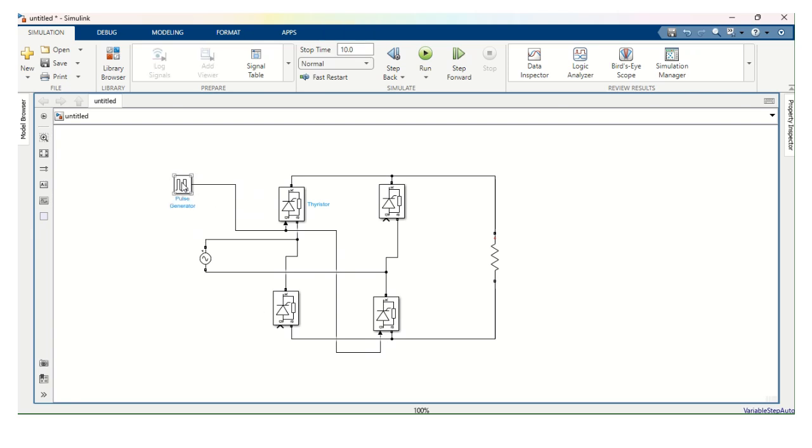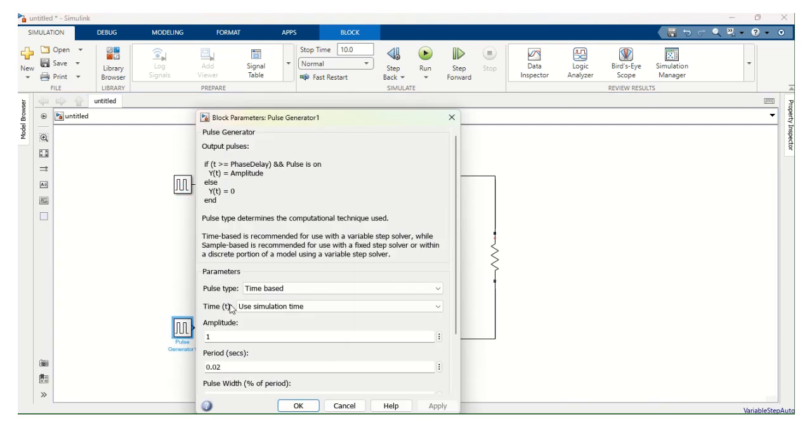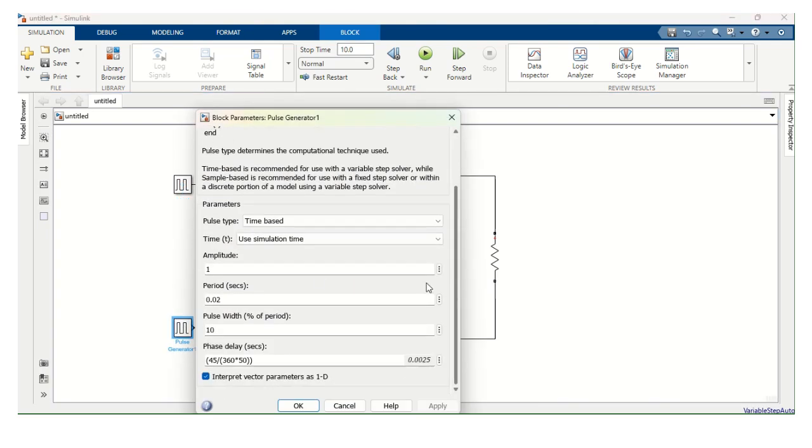Now we need a pulse generator to control the negative half cycle. So right click, drag the pulse generator. Let's change the settings. Amplitude is 1, period is 0.02, pulse width is 10%, phase angle. So in order to control the negative half cycle, we need to give pulse at pi plus 45.